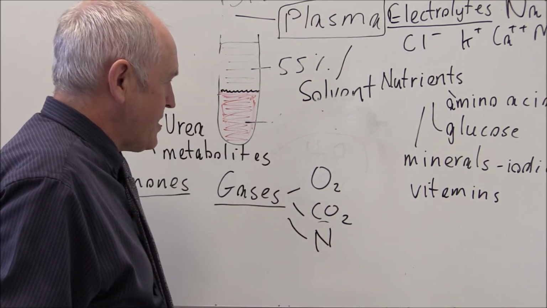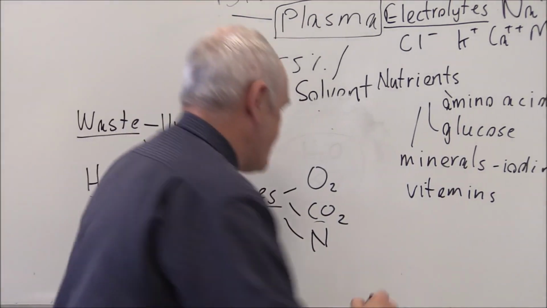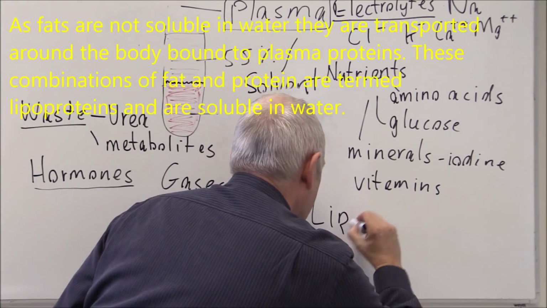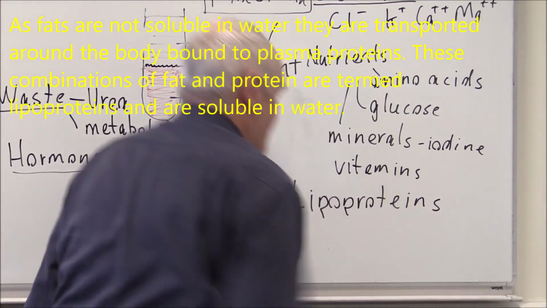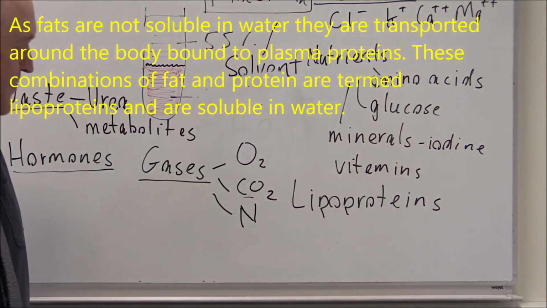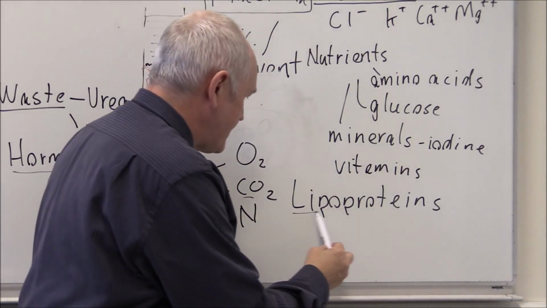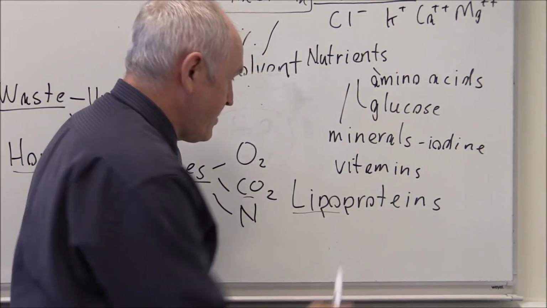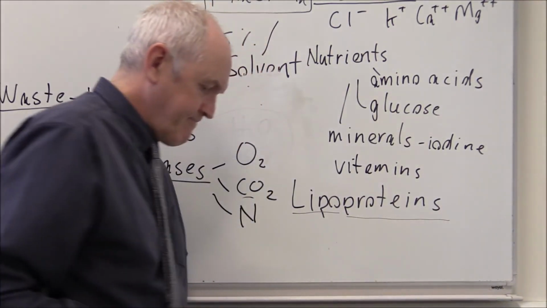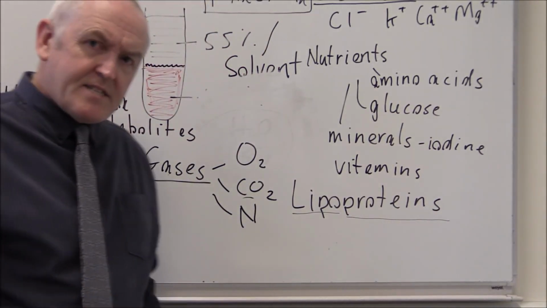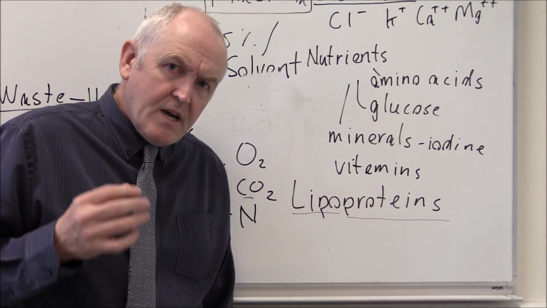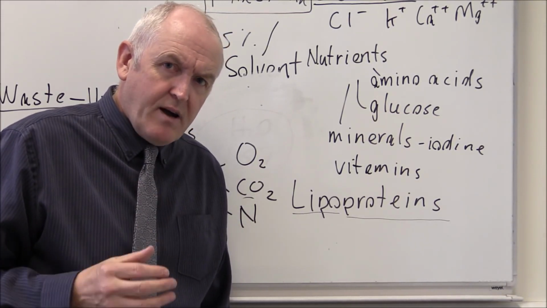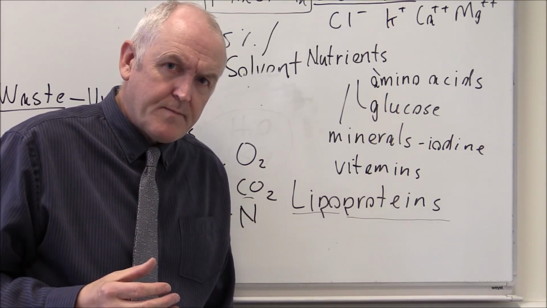And I think the last thing I'll talk about are the lipoproteins. Lipoproteins. Now, lipo means lipid, and protein, of course, is protein. Now, fats cannot dissolve directly in the plasma, so they need to be carried by carrier molecules.